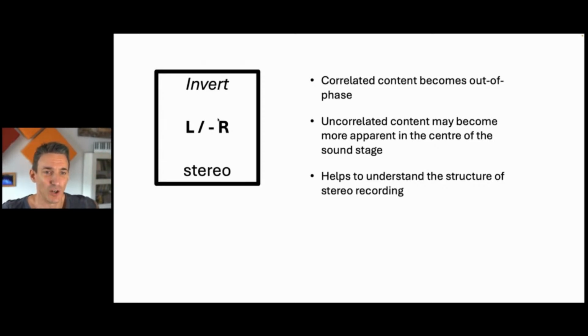But content that is uncorrelated is then more audible in the center of the stage. And this also can be used, for example, to analyze recordings and also to just make sure, for example, if stereo microphones are positioned correctly, or if the complete recording setup works as intended. So this is what you can do with these nice functions.